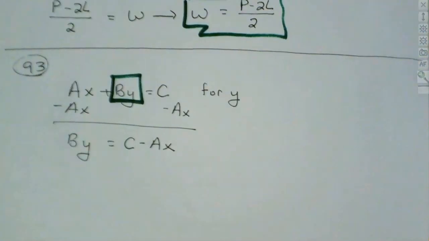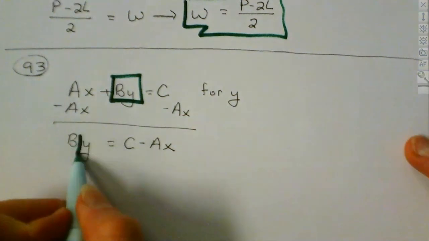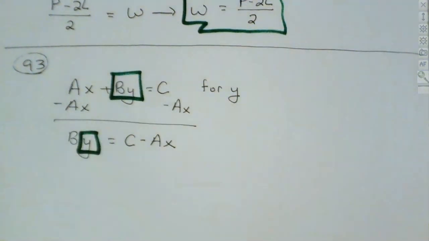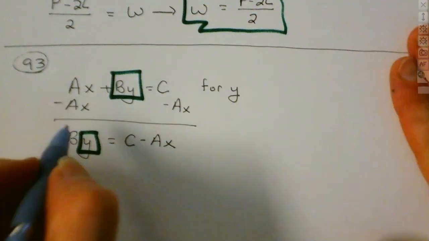Okay, now what are we going to do next here? We're almost done. Yep, we need to get rid of the B because we want this y by itself. How does the B relate to the y? Multiplication. So what undoes this multiplication? Division, right?